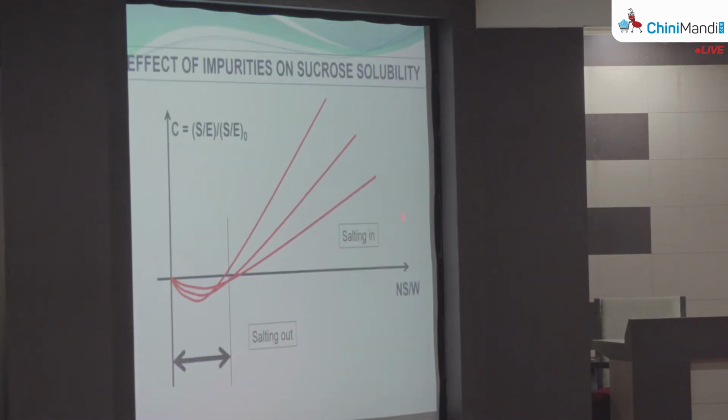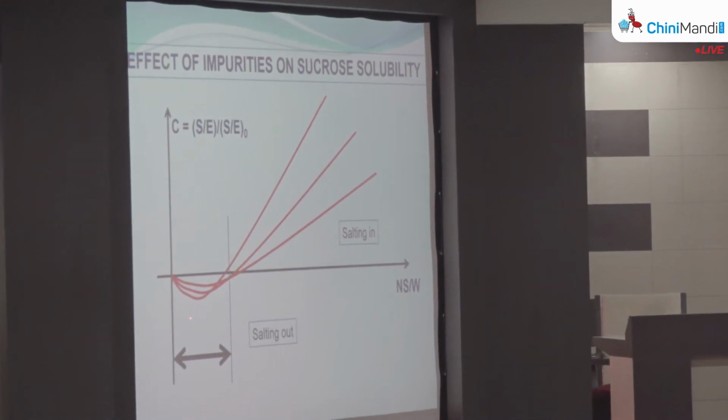The effect of non-sugar on the saturation is such that it can be either, depending on the type of non-sugar, create a salting out, decrease the solubility, or a salting in, increasing the solubility. In case of salting out, you introduce your seed and think that it is in the right zone, but because of the effect of non-sugar, it is in the labile zone, and then it creates these false grain.